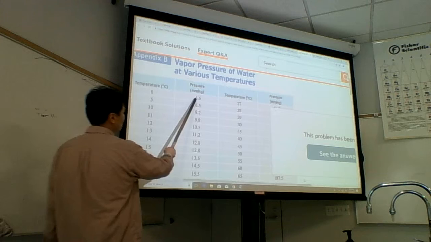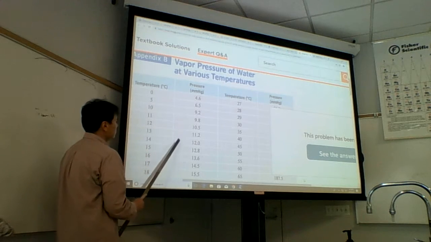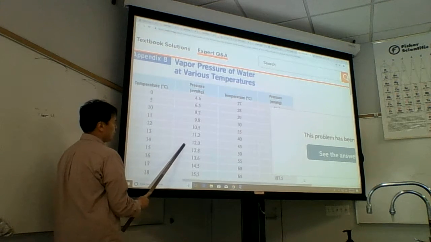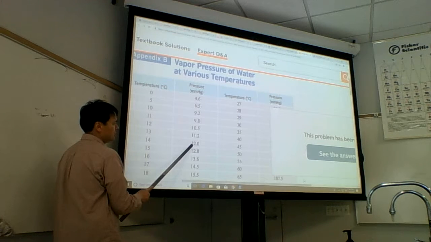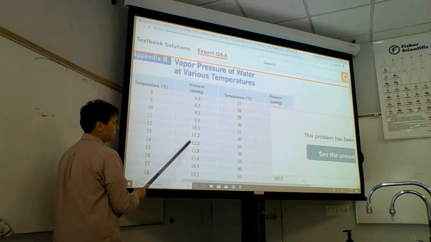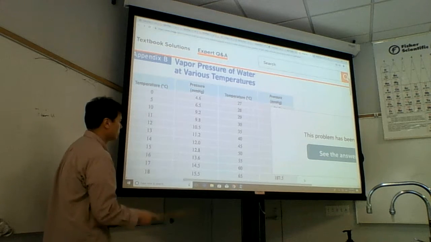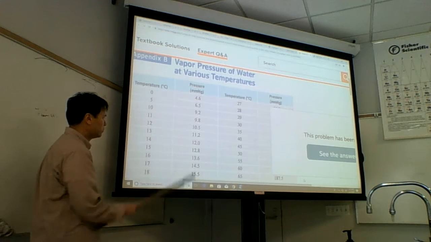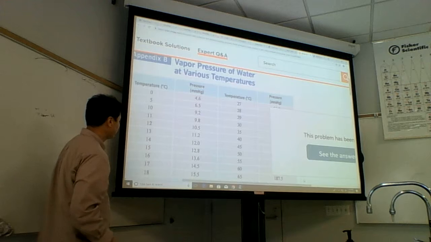This is 100% relative humidity. So if I hit this pressure for water vapor, then that's it. I can't get any higher than this. A lower vapor pressure than this means more water evaporates. But once I hit this, then it's saturated.